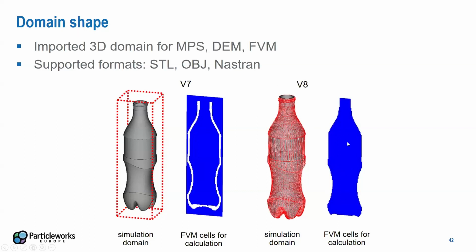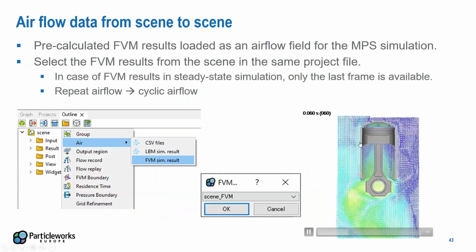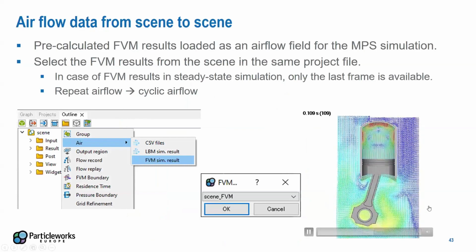You can see here, those are air finite volume cells initialized by the air solver that is integrated in Particleworks. We have here another example of that air solver for a piston cooling type of application.